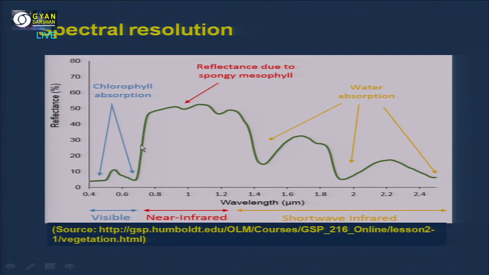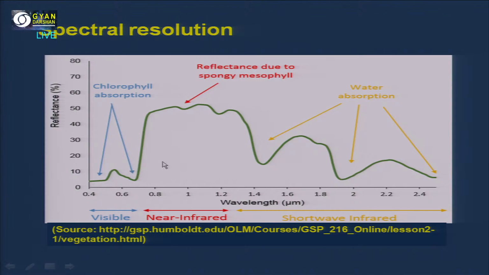So sensors are designed to capture this unique spectral signature of the object, and in this diagram we see the spectral signature of vegetation, which shows reflection and absorption in different wavelengths due to chlorophyll and moisture content.